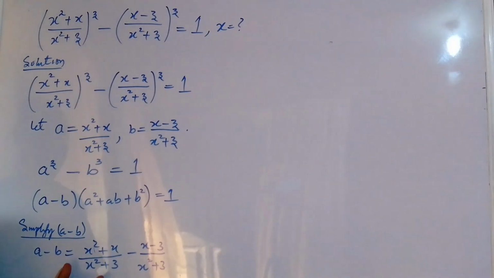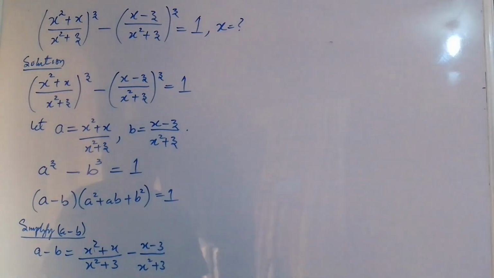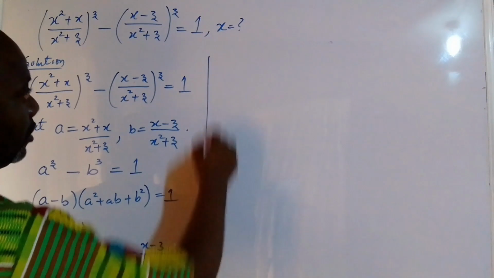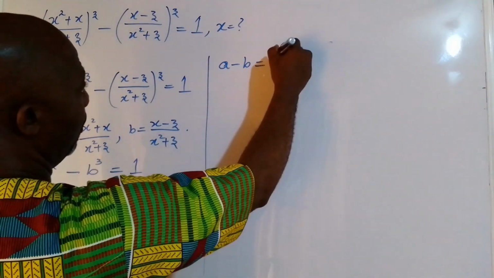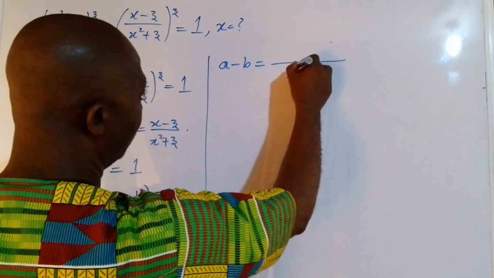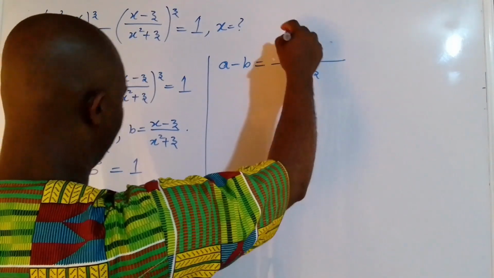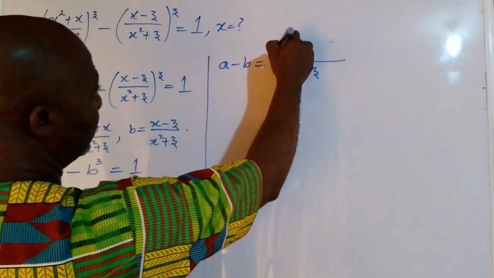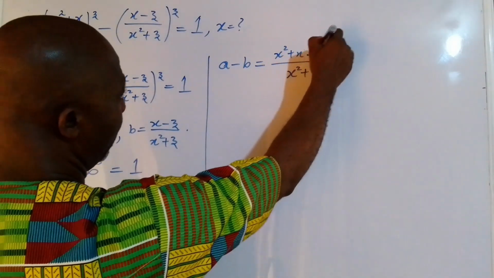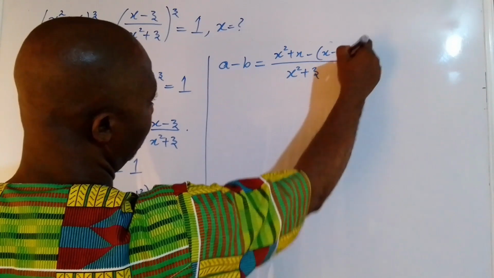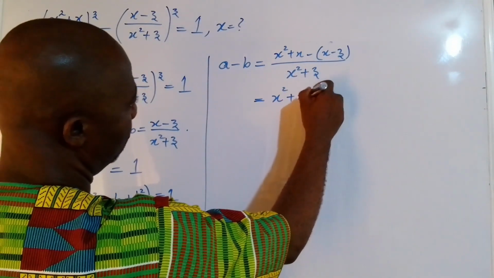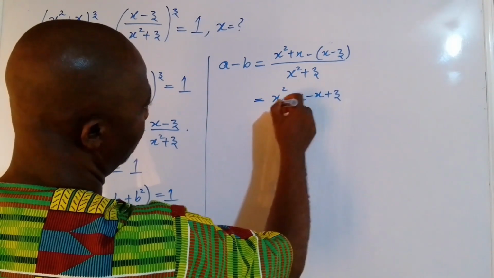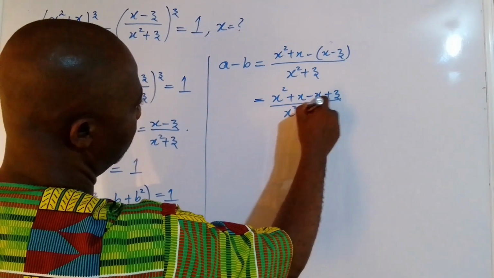Since the denominators are the same, we have a minus b equal to a common denominator of x squared plus 3, and then a numerator of x squared plus x minus x plus 3.